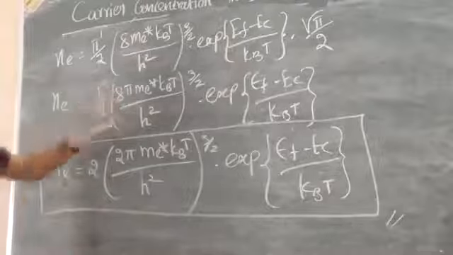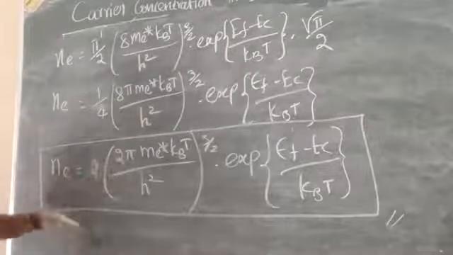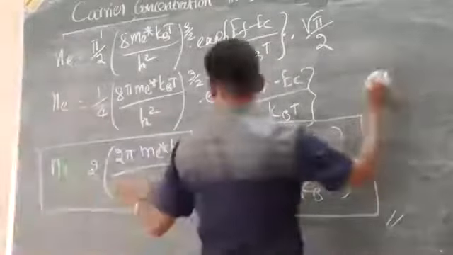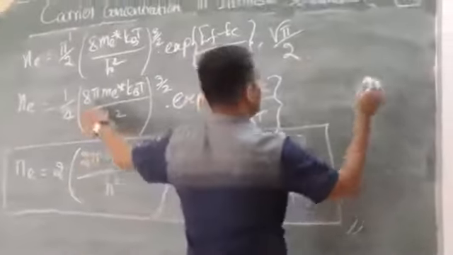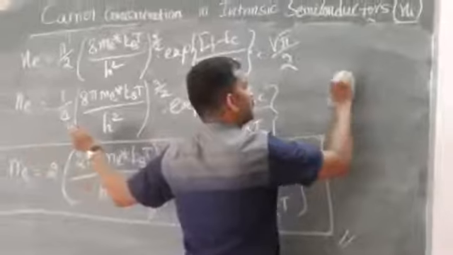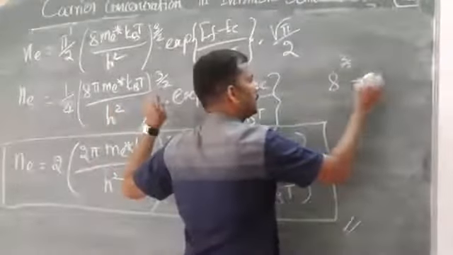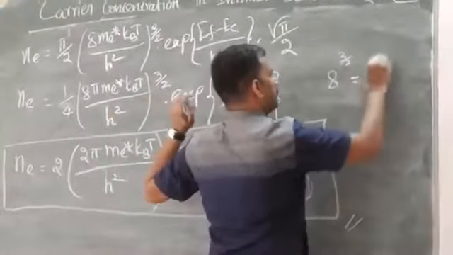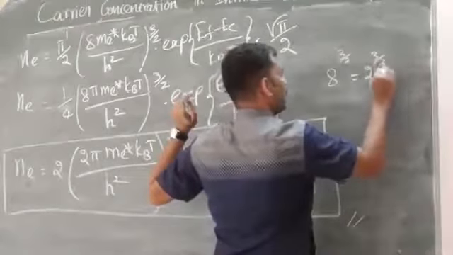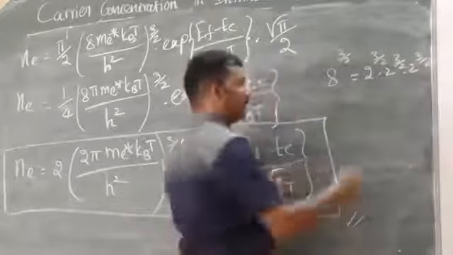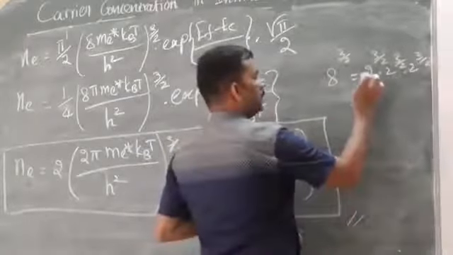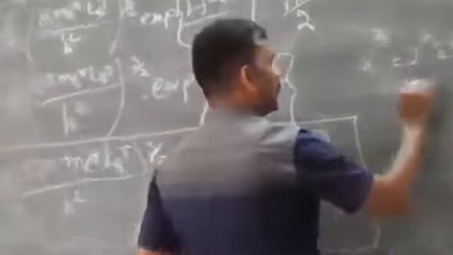So we know that if you want to know this, I will write it here. You can check it here, right? So here, what is that? 8. So 8 power 3 by 2. You can write 2 power 3 by 2 into 2 power 3 by 2 into 2 power 3 by 2. Right? You can write 2 cube into 2 power 3 by 2.